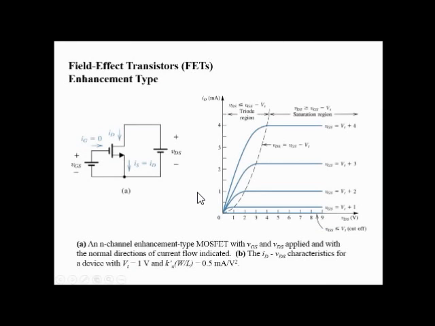Here is the N-channel enhancement type FET with VGS and VDS applied, with the normal characteristics of the current as shown in this diagram. So already we have seen how the relationship between VGS minus VT and VDS gives the region, either cutoff region, triode region or saturation region, and so on.